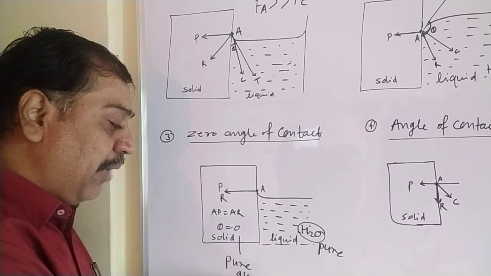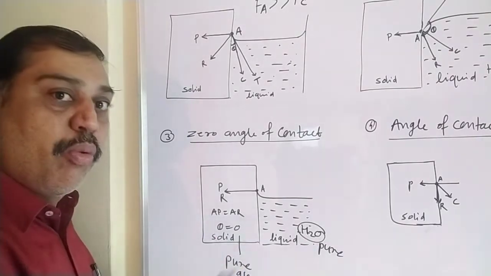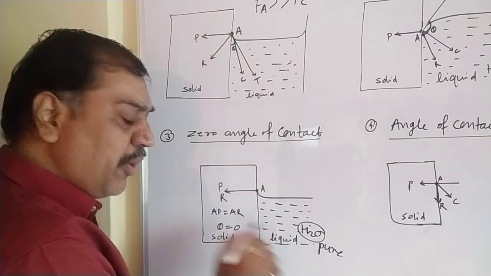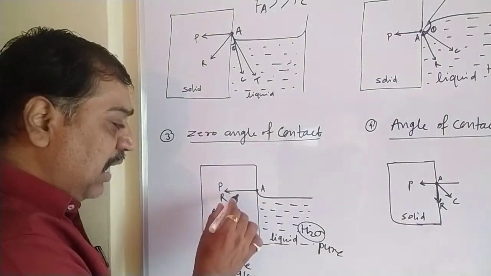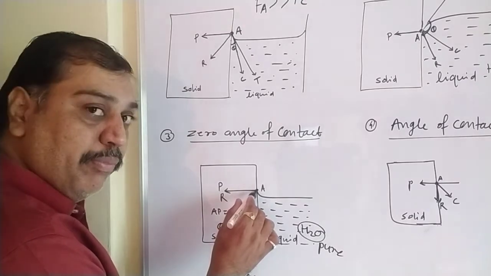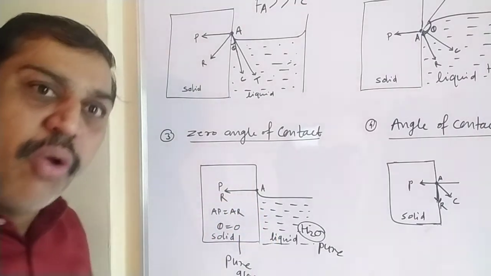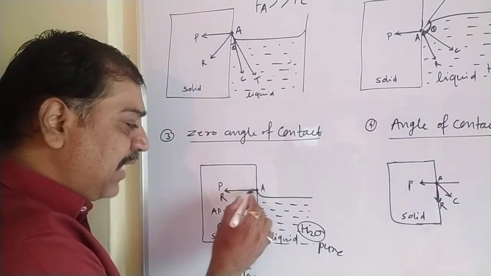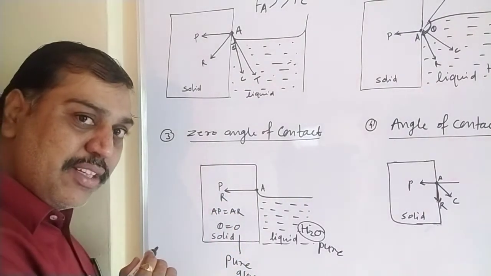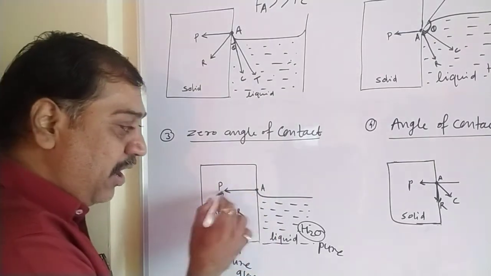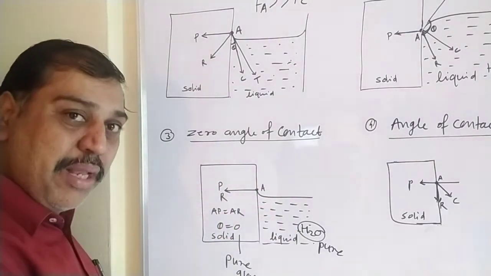In this situation, A is a molecule here. Now remember, the adhesive forces acting on this molecule A are so strong that you can write this AP, the adhesive force, as itself the resultant AR. Cohesive forces are negligible in this case.